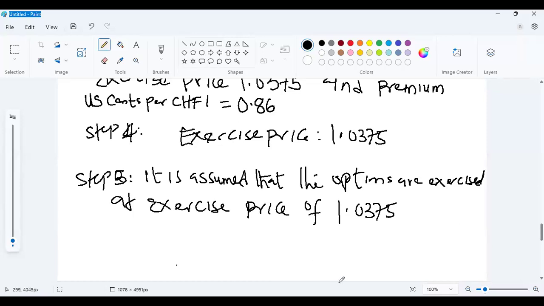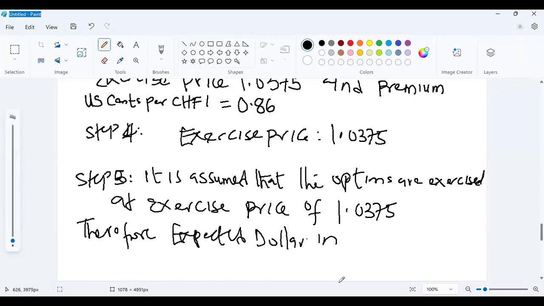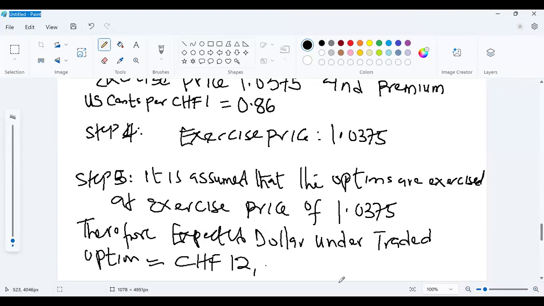Therefore, the expected dollar under traded option is equal to, remember that under traded options, we only had CHF 12,250,000.